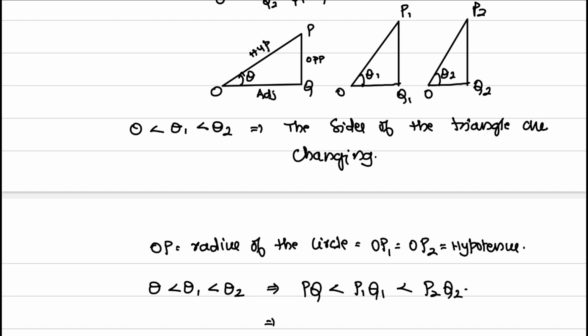Then what happens to the adjacent sides? Adjacent sides are shrinking, they are reducing. That means OQ, this adjacent side, is greater than OQ1 is greater than OQ2. Are you able to understand?